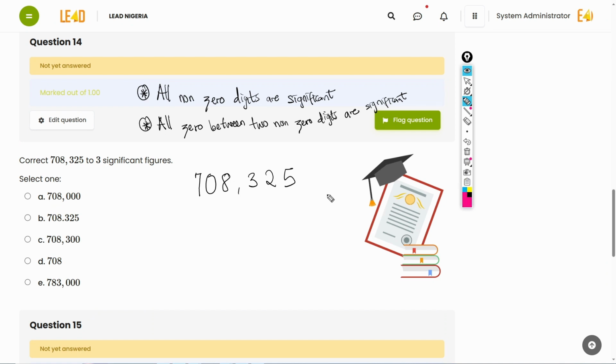If we consider this number, we have three significant figures. 7 is significant, 0 is significant, 8 is significant. 7 and 8 are significant because they are non-zero digits, but 0 is also significant because it is between non-zero digits. So this is our third significant figure.